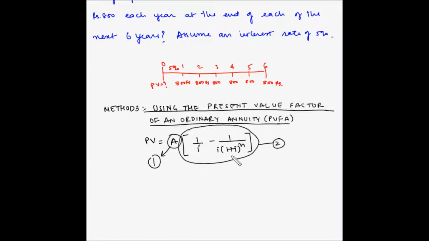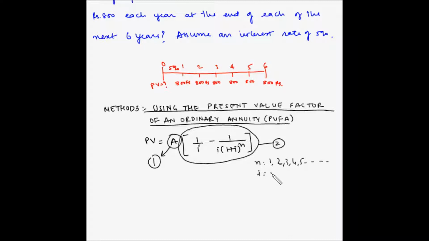Now part 2 has variables like I and N, so rate of interest and the tenure. Now rate of interest and tenure generally take the values of 1, 2, 3, 4, 5 and so on. So if a table can be created with the value of this portion for the combinations of values of N and I, where N can be 1, 2, 3, 4, 5.